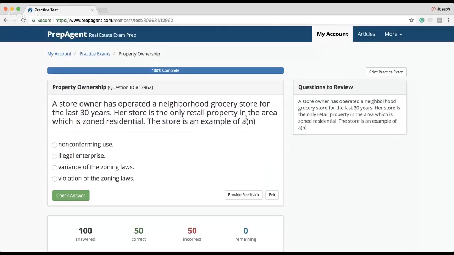A store owner has operated a neighborhood grocery store for the last 30 years. Her store is the only retail property in the area which is zoned residential. The store is an example of A, non-conforming use, B, illegal enterprise, C, variance of the zoning laws, or D, violation of the zoning laws.